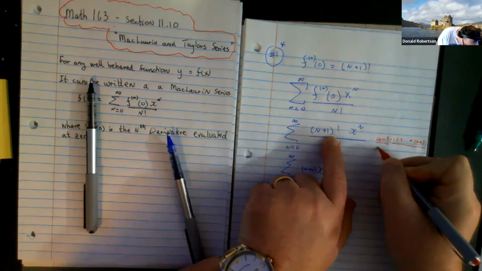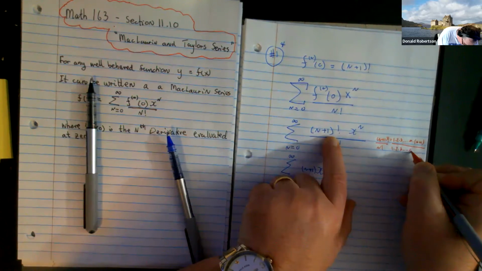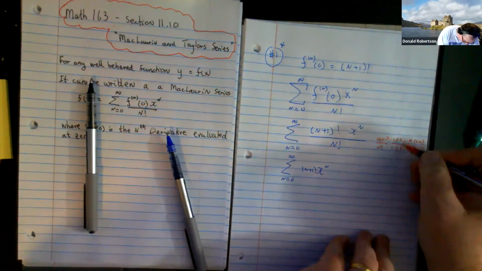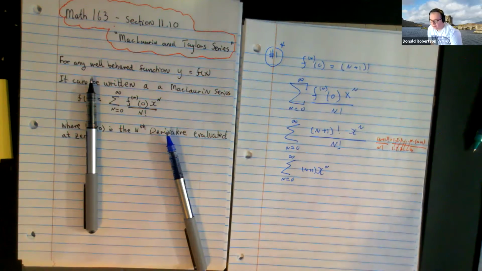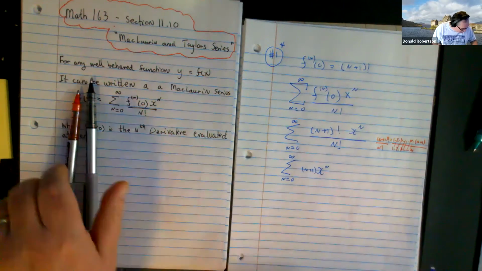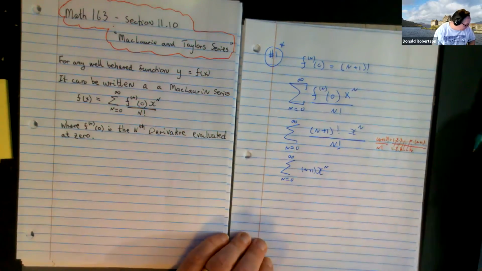On the bottom, if you do n factorial, you also get 1 times 2 times 3, but you finish at n. You see all the cancelling happens, and that guy is left. So we can cancel out factorials by this kind of process.